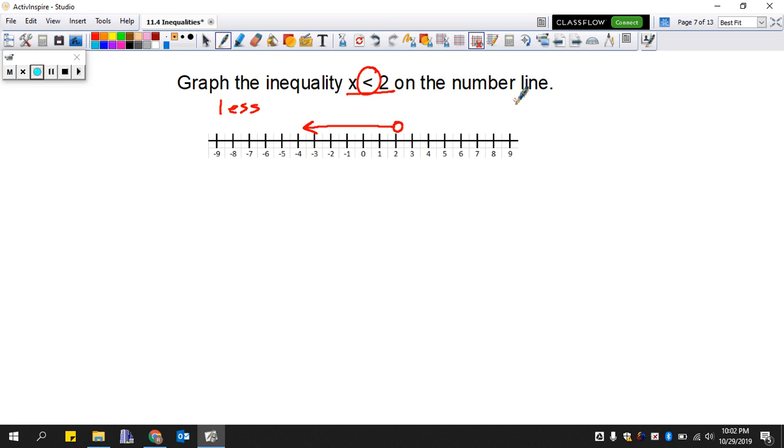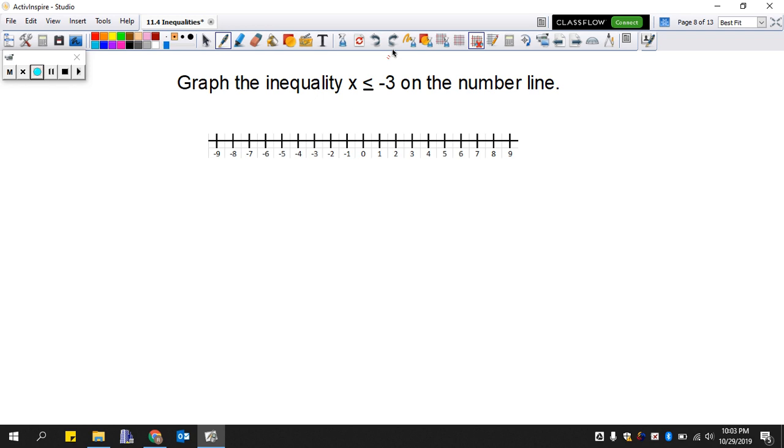One of the things I always mention to people is that the arrowhead there looks like the same thing as the less than symbol. Okay. All right.